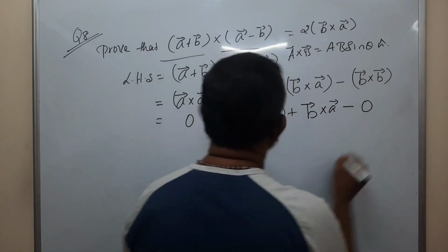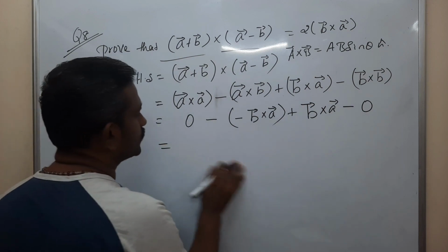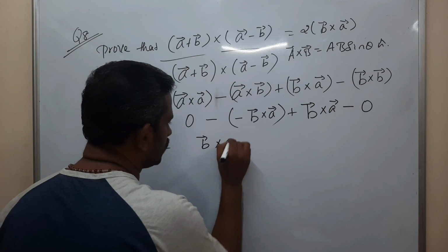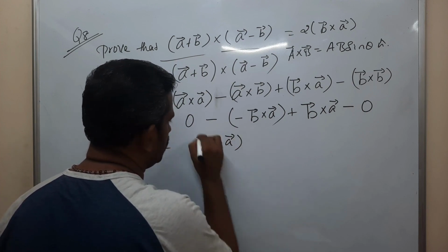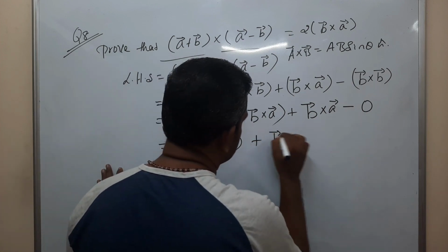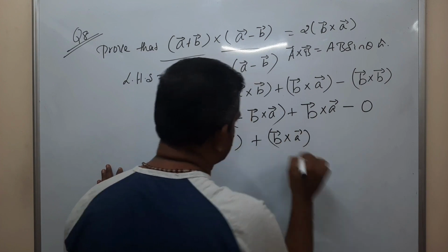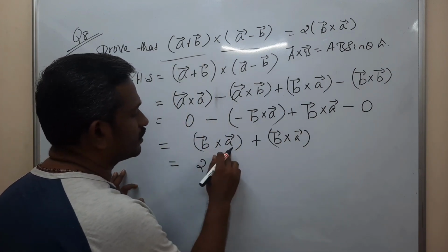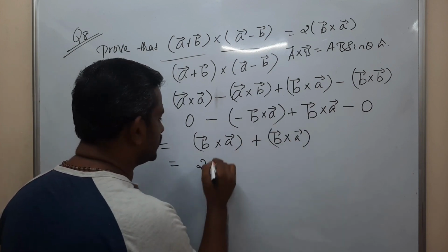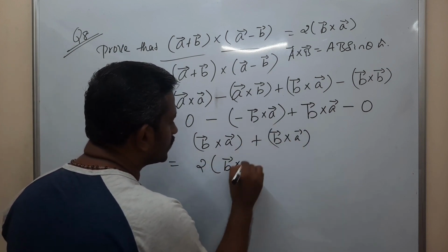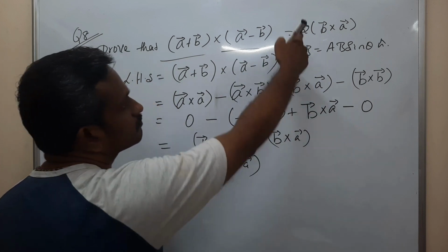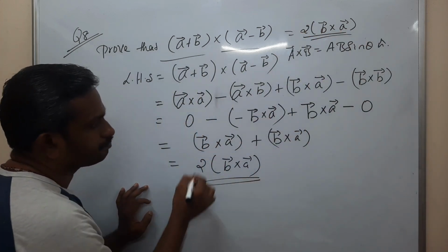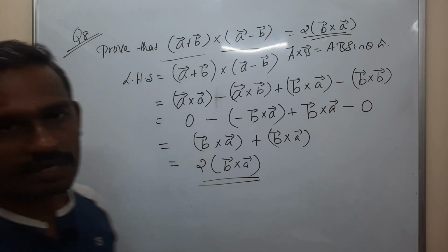So minus of minus plus B vector cross A vector plus B vector cross A vector is 2 times B vector cross A vector, which is what we had to prove. Clear?